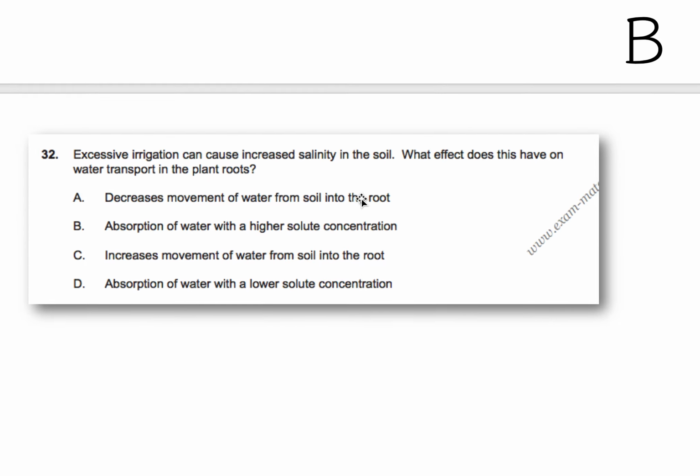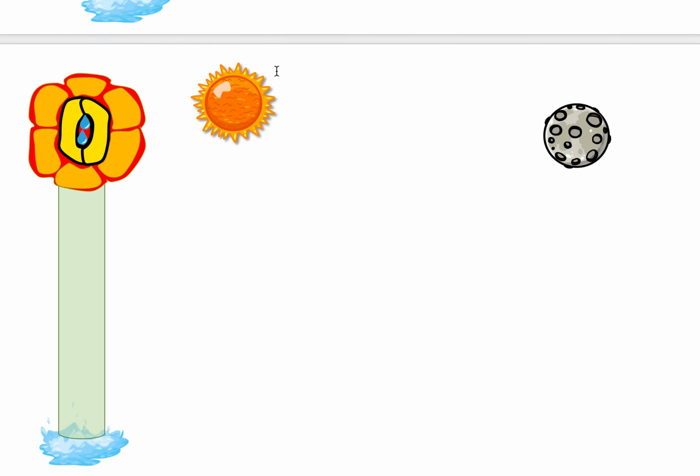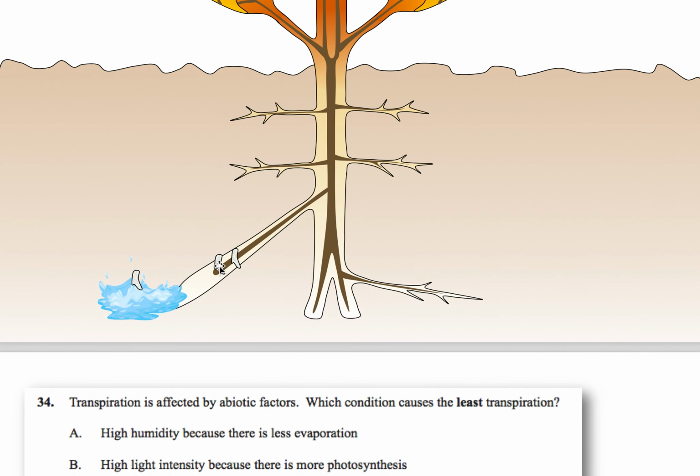Okay, here's a similar question. Excessive irrigation. So irrigation means watering a plant. So excessive watering of a plant can cause increased salinity in the soil. What effect does this have on water transport in the plant roots? Okay, so what they're saying is, for some reason, when you water plants too much, you get a high concentration of solute in the soil.